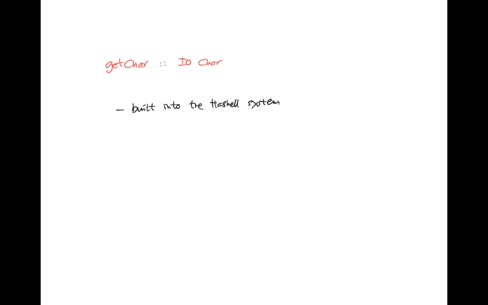There's also another I/O action that's really useful. If getChar is used for reading characters, there's also putChar. And putChar is a function that takes a character and returns an I/O action, I/O of nil.